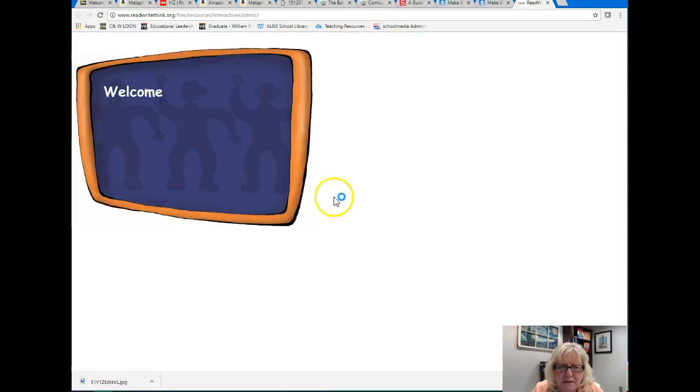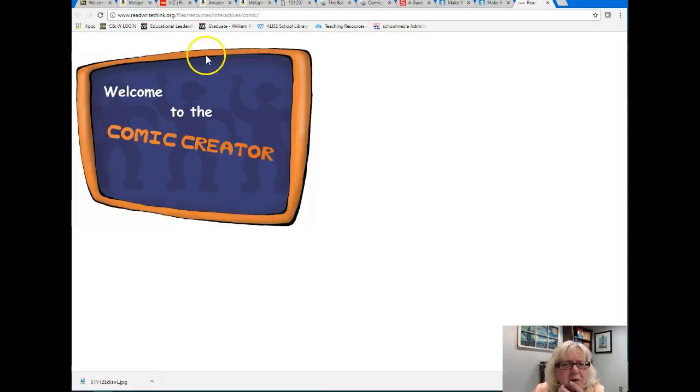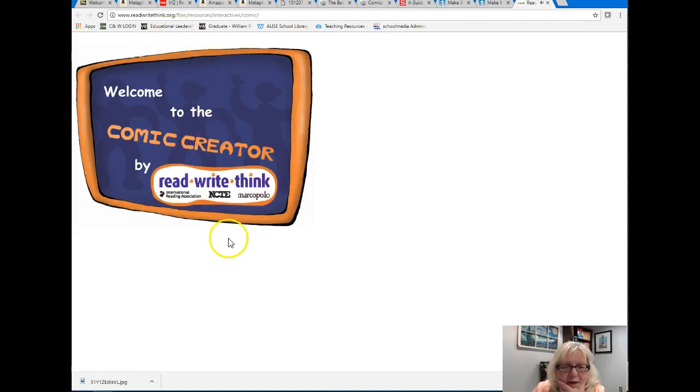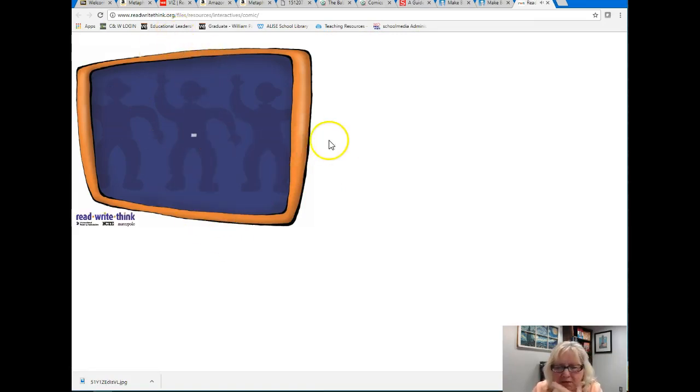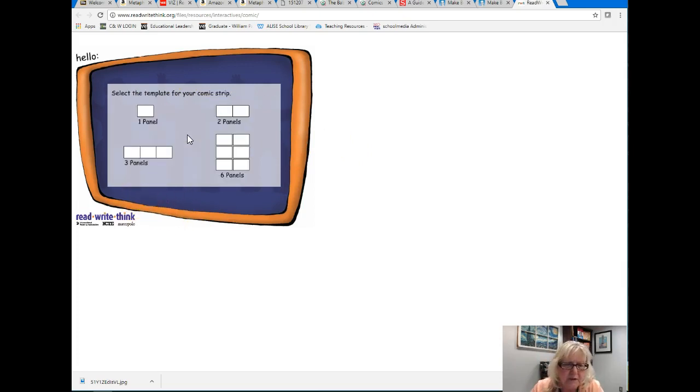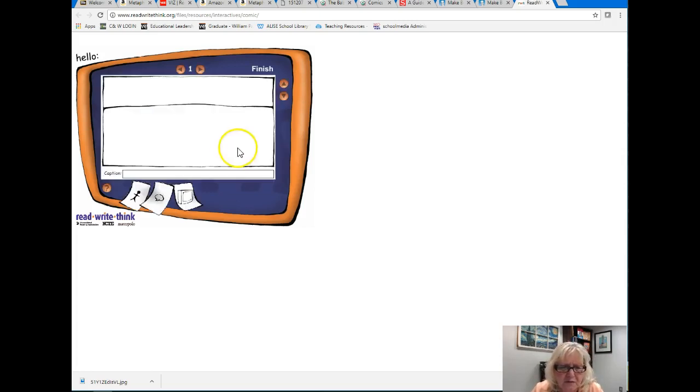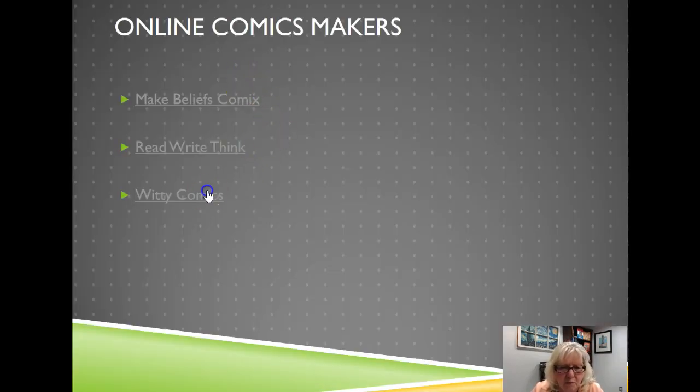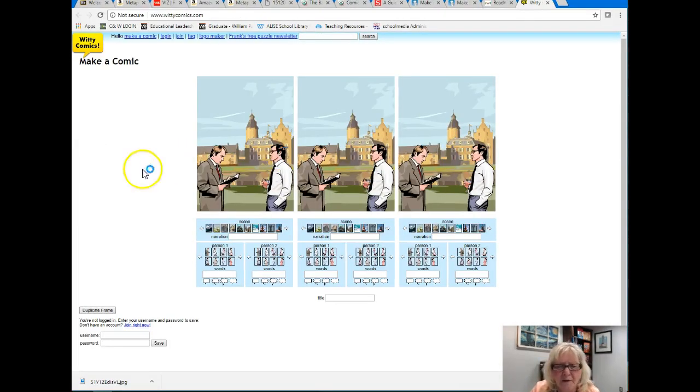Read, Write, Think is another one, and you can again just go through and make the comics. I think this one gives you a little more discretion in the type of panels. You can do six panels, and you can write captions, so there's a little more variety there. And then Witty Comics has more adult kinds of figures.